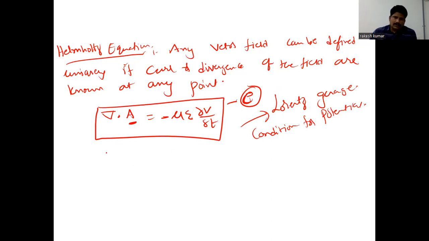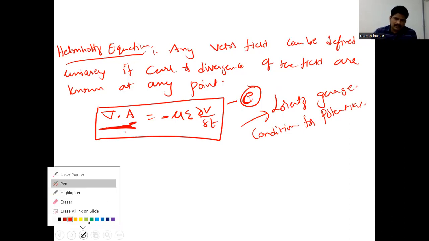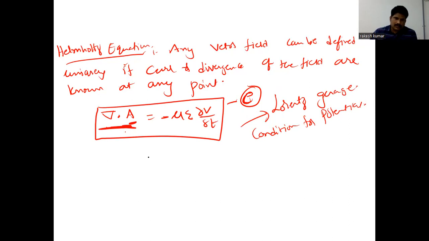Del dot A gives the relationship between the vector potential and the scalar potential. This Lorentz gauge condition gives the relationship between both.